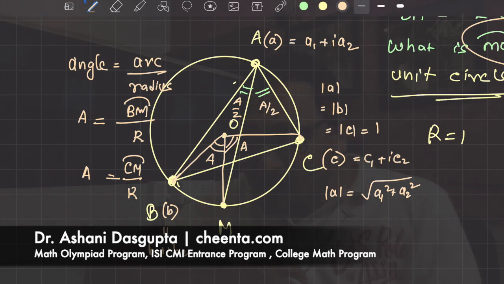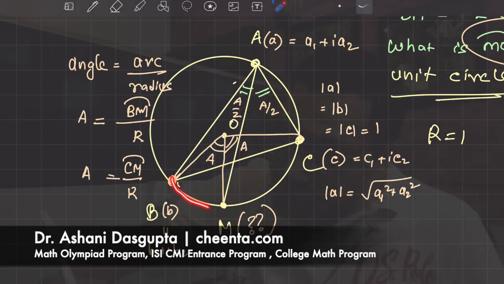Now the question really is this, what is the complex coordinate of m? We already have this information that m is the midpoint of this particular arc. Also, the distance of m from the origin is 1. And we know the complex coordinates of a, b, and c, which are small a, small b and small c.